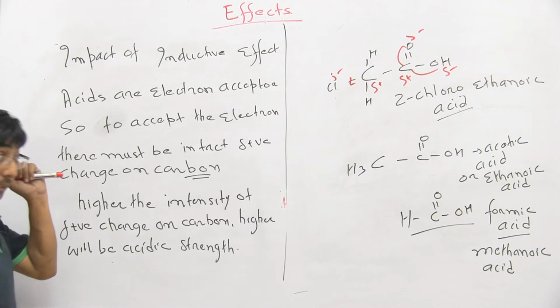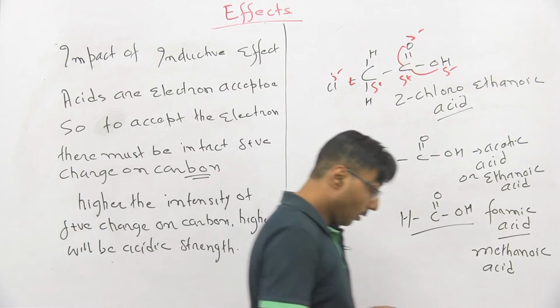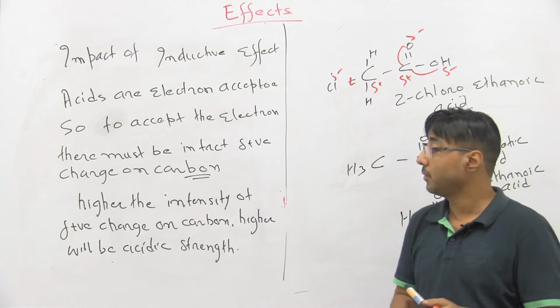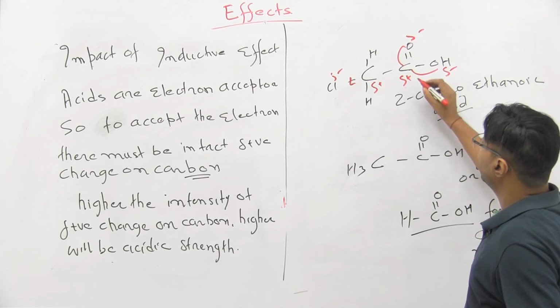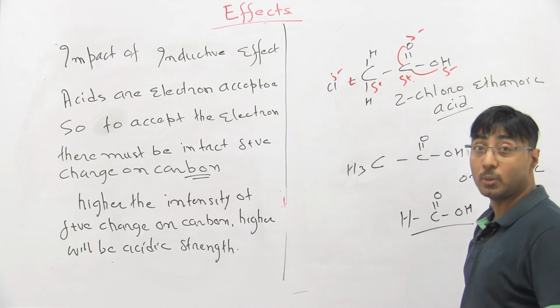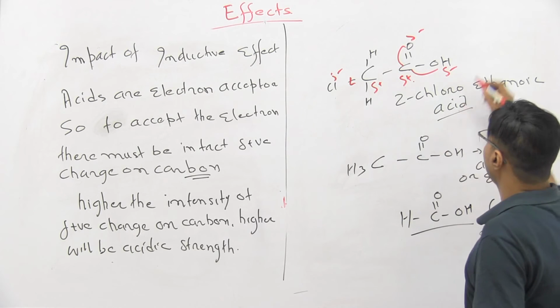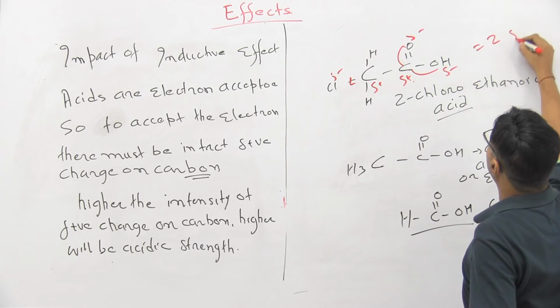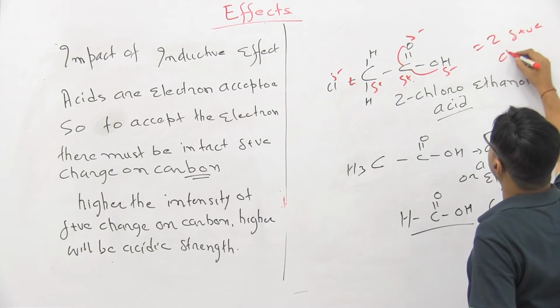So in such a case what is happening? This positive charge is there and this is also a positive charge. So in place of one delta positive, we got two delta positive charge centers.